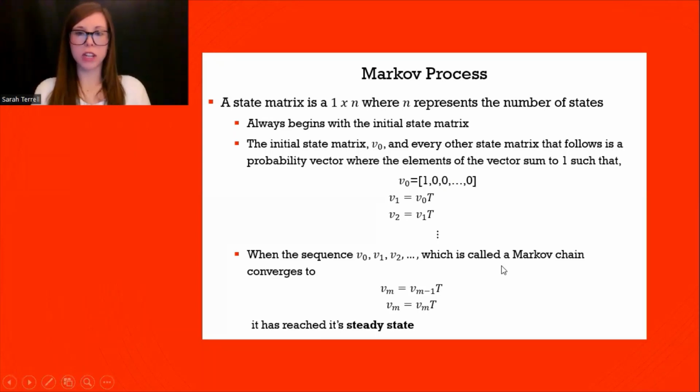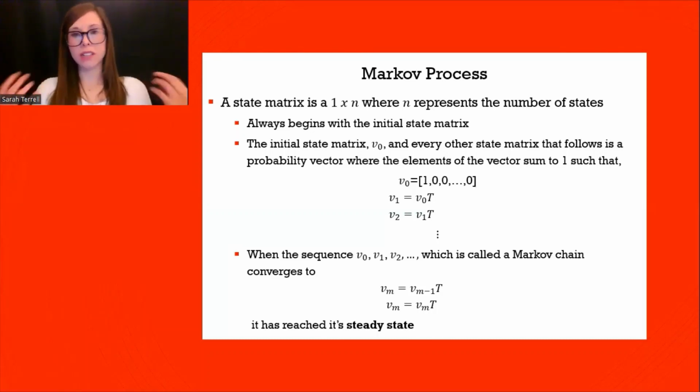We know that a Markov chain has converged when we have V of m, where V of m is just some number within this sequence, equal to V of m minus 1, the prior iteration, times the transition matrix. And then in the next one, we have V of m plus 1 equal to V of m times the transition matrix. So basically, once we find that a value is the same in the next iteration of the sequence, we know that we have reached what's called a steady state.